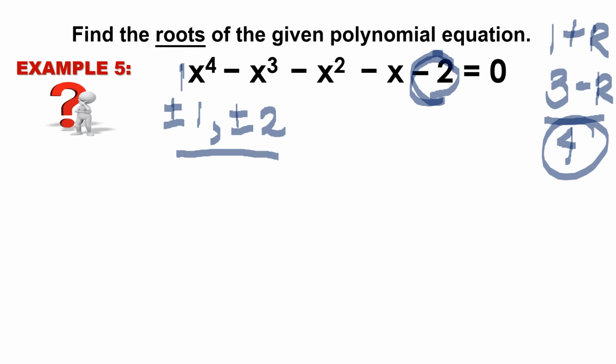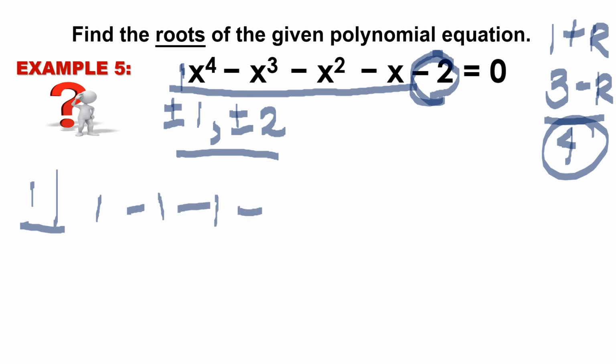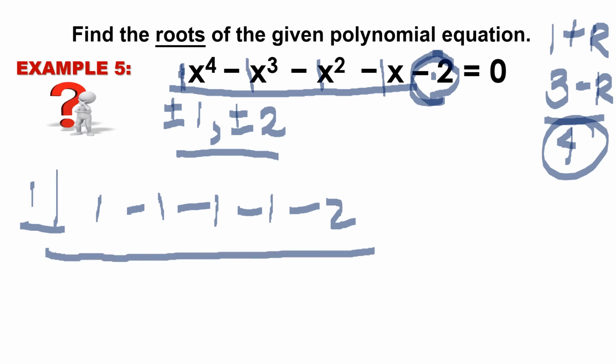Since we are expecting 1 positive, let's try positive 1. So 1 as the divisor, then copy all these: 1, negative 1, negative 1, negative 1, negative 2. Again, 1, 2, 3, 4, then negative 2, 5. So let me solve this.